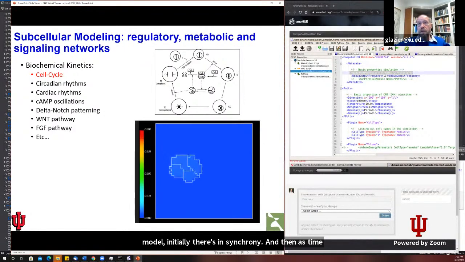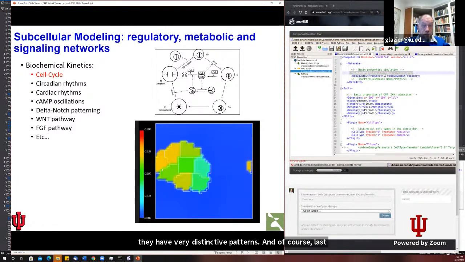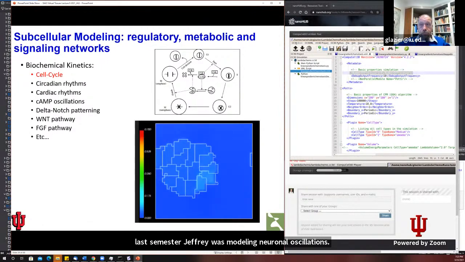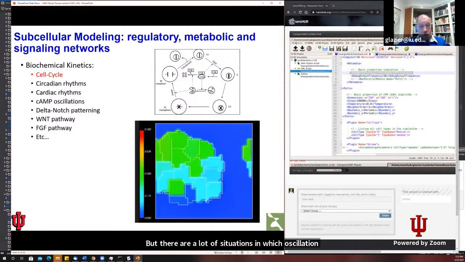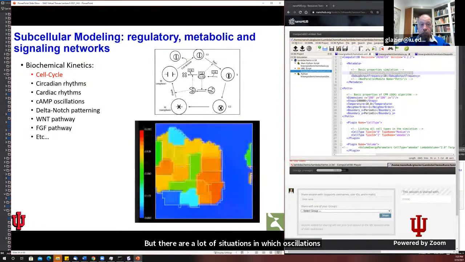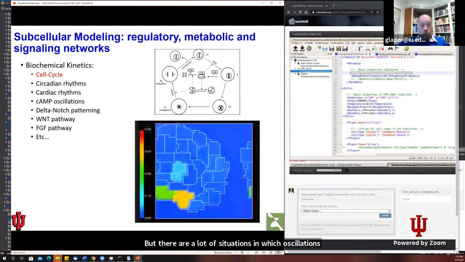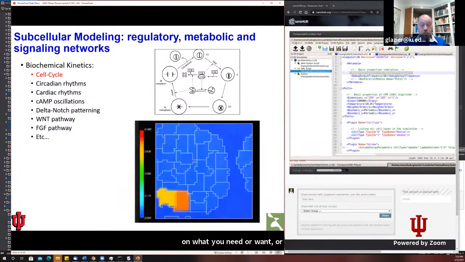This kind of biochemical kinetics shows up a lot in oscillations. People love modeling biochemical oscillators because they have very distinctive patterns. And of course, last semester, Jeffrey was modeling neuronal oscillations. But there are a lot of situations in which oscillations aren't what you need or want, or the most functional aspect. And there are other kinds of networks that are quite important as well.